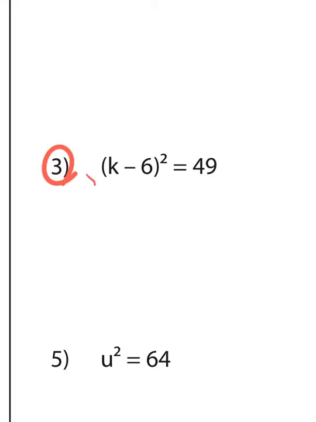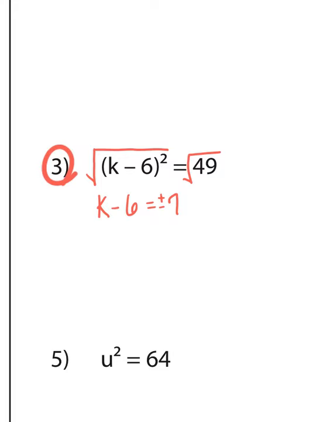So when I take the square root of k minus 6 squared and the square root of 49, I'm sorry, this is k, I keep saying x. k minus 6 squared is just k minus 6, equals the square root of 49, which is 7. And we're going to put our plus and minus in front of 7.